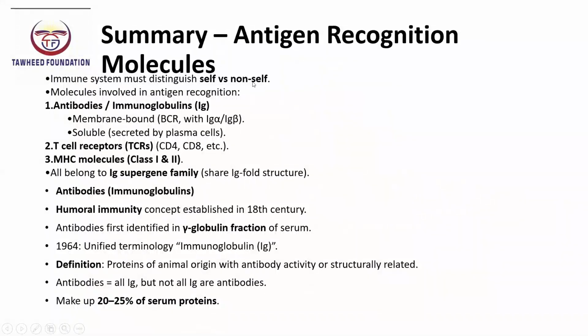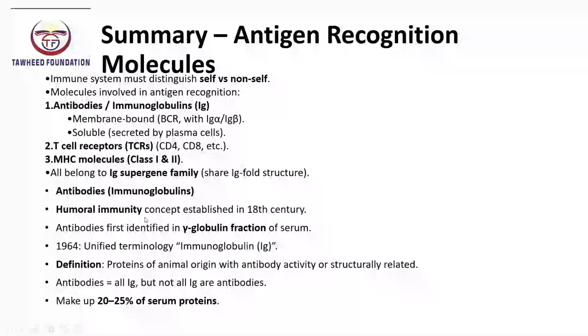Summary for antigen recognition molecules. The immune system must distinguish self versus non-self. Molecules involved in antigen recognition are antibodies, immunoglobulins, T cell receptors, and MHC molecules, which are further divided into two classes, class 1 and class 2.